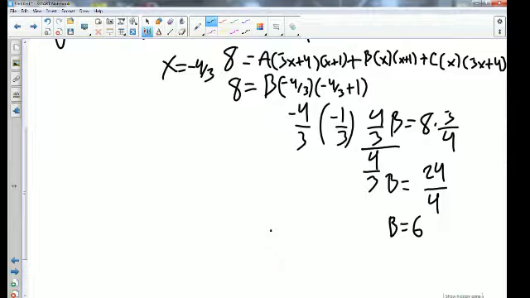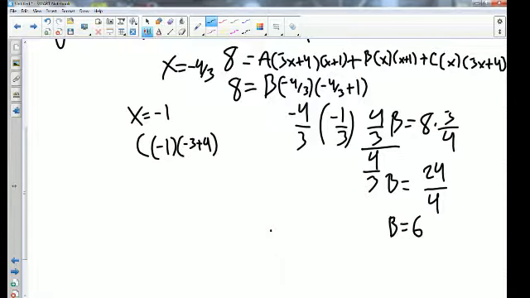Okay, and then from there, now we can try to find c if we set x equal to negative 1, because that'll get rid of the a again, and then it'll get rid of the b also, because they will equal 0, so it'll multiply all out to 0. So it'd be c times negative 1 times negative 3 plus 4.